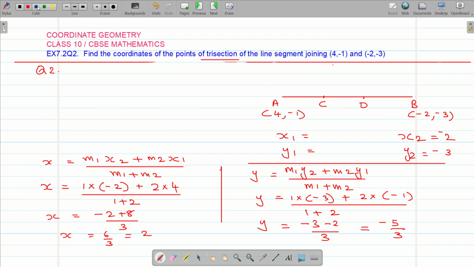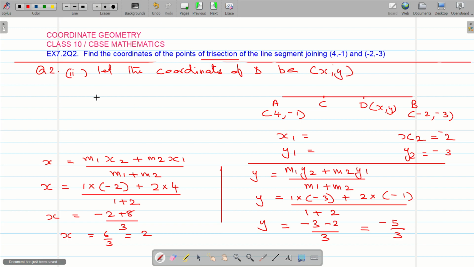For this, let us take the coordinates of D as x comma y.